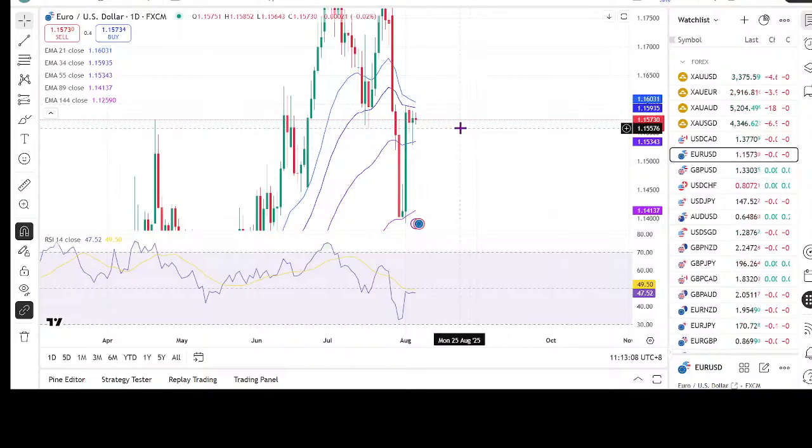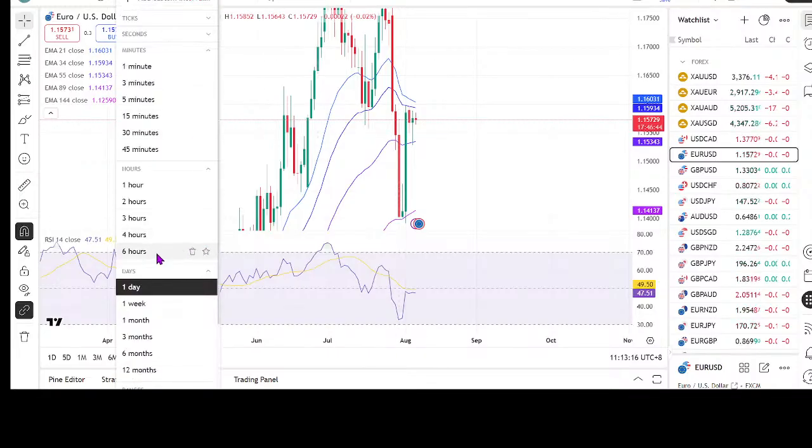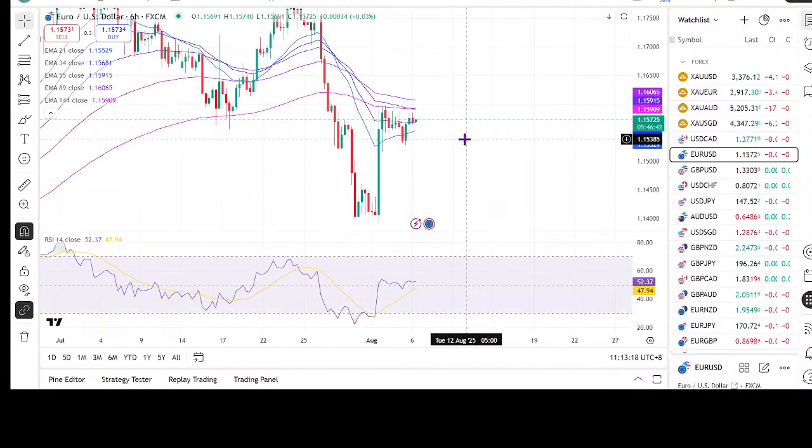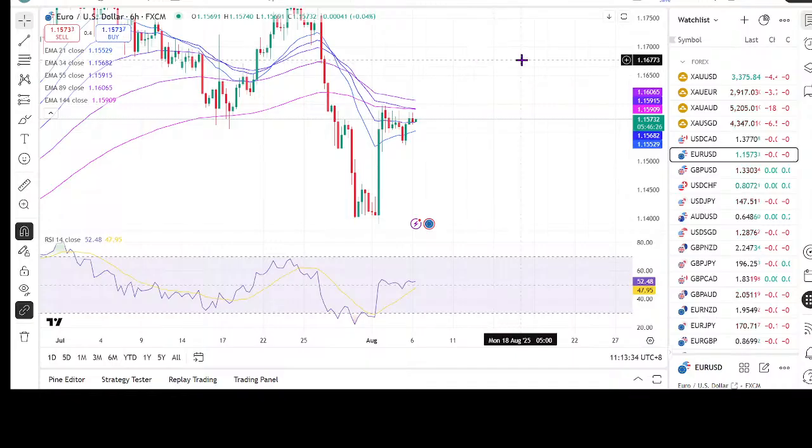Until then, anything can happen or any changes can be seen. When we look on the daily, this is also in a congestion. And the 6 hour is telling us that this is still in a congestion, and we have yet to see the high. RSI is also confirming that we have yet to see the high.